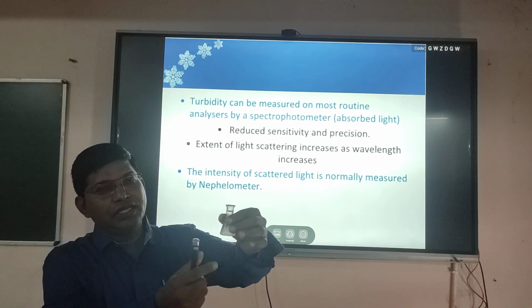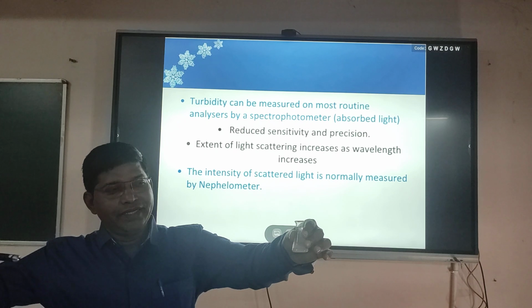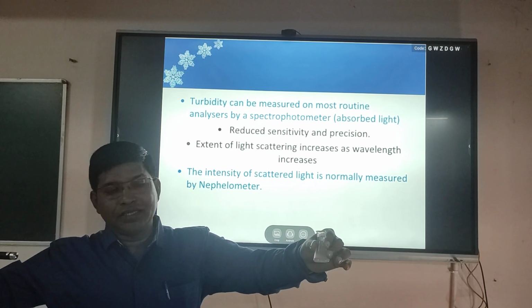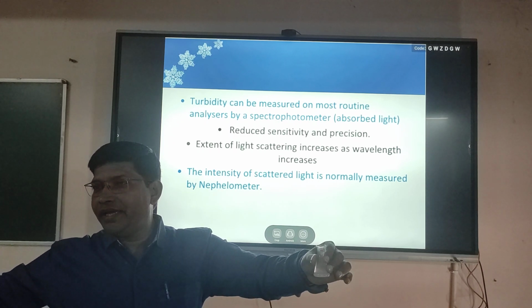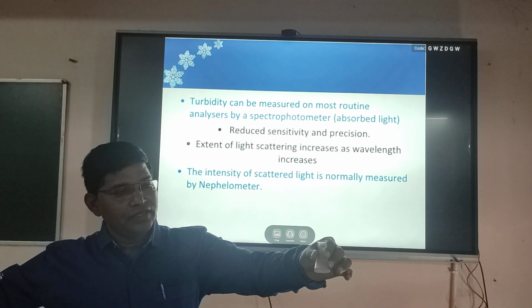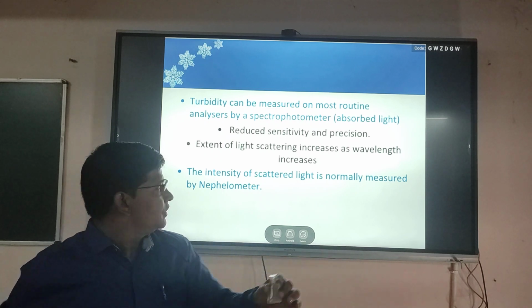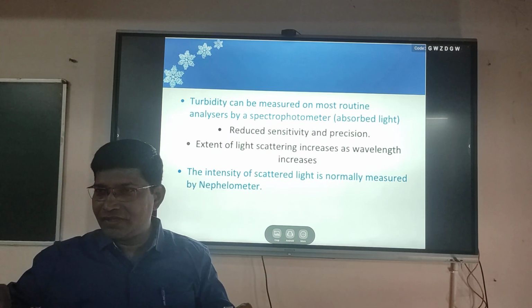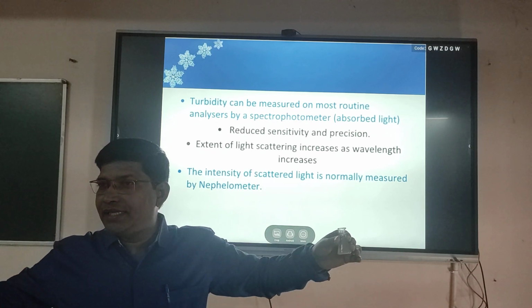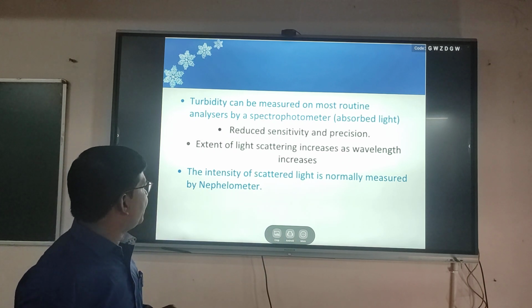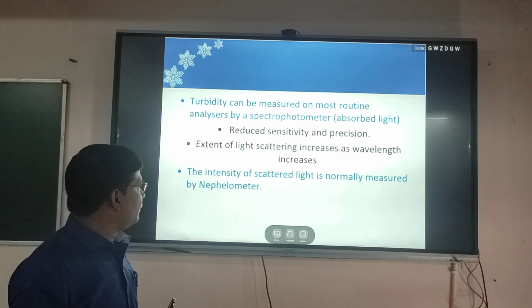Suppose this is our solution and we pass different wavelengths of light onto it, from violet, indigo, blue, yellow, orange, red. If we start with violet, the scattered radiation will be less. When we increase the wavelength of light, there is an increase in the scattering process, and the intensity of scattered light is normally measured by a nephelometer.